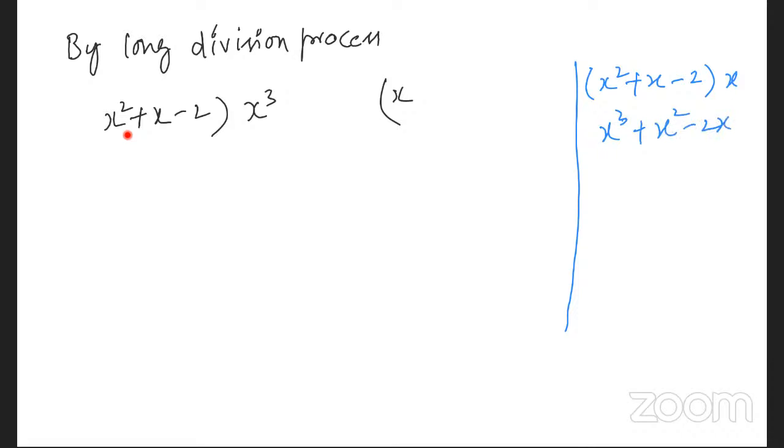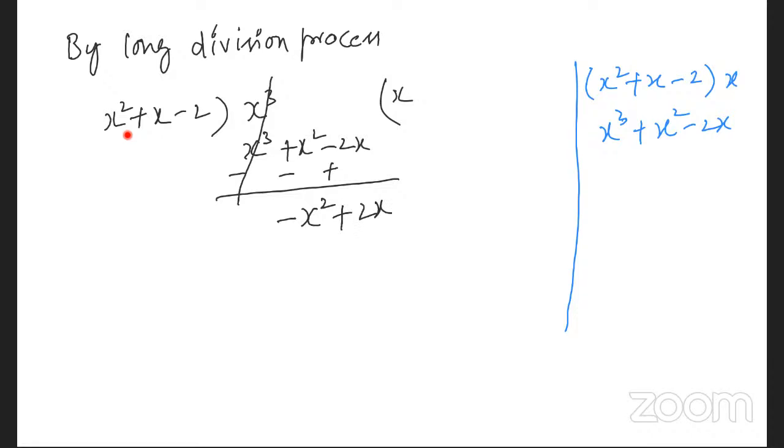We're going to write x cube plus x square minus 2x. Now we put minus here, and plus here. These two terms get cancelled and it will be minus x square plus 2x.